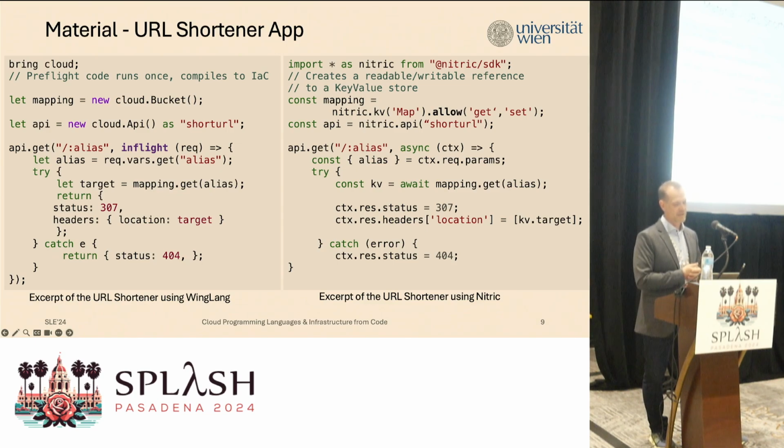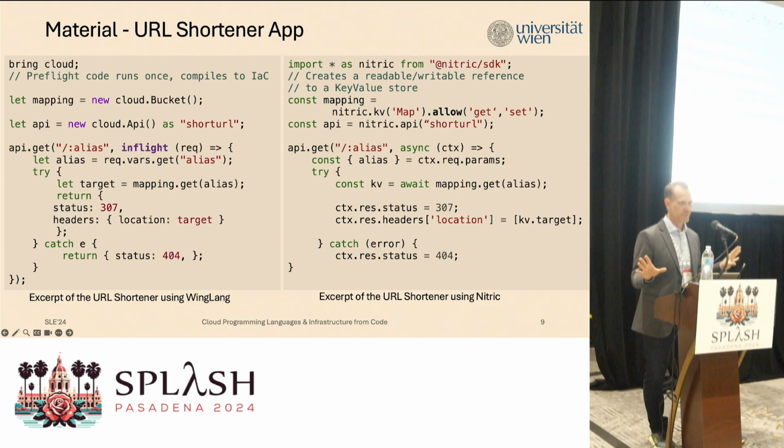And on the other hand, there was also one of the concepts of Nitric, which is called implied access, to make IAM, or identity and access management, easier, using a method here, allow, very easily, which then generates the infrastructure from code or Terraform configurations automatically.